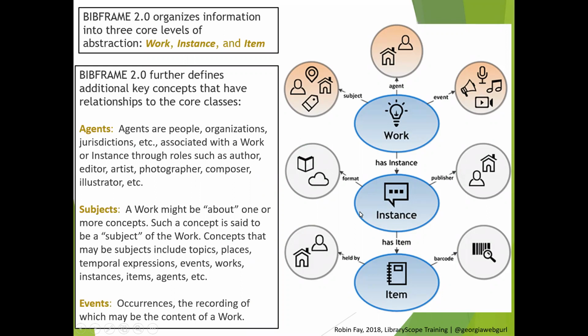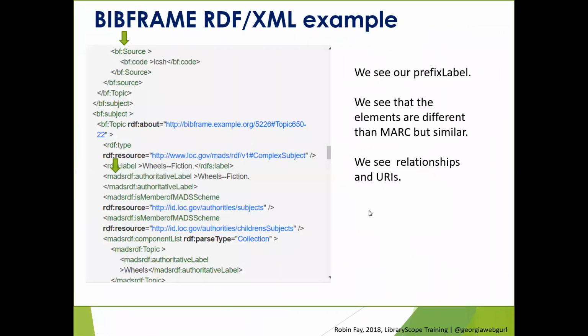So having talked to quite a few ILS vendors over the last few years, especially when I go to ALA, they are working on things and they are looking at BIBFRAME and starting to work on things, but they are very much challenged with how to support MARC and how to start supporting implementing BIBFRAME at the same time.